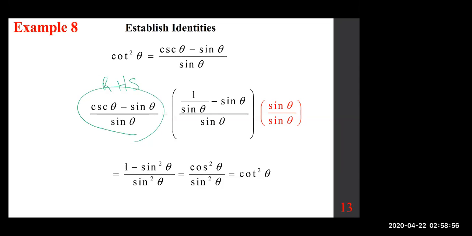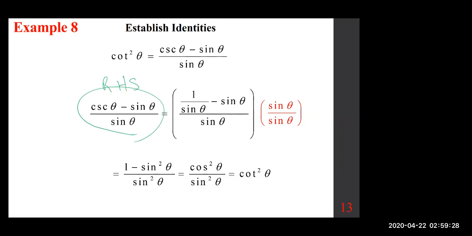Any questions? So it's 1 minus sine squared over sine squared. 1 minus sine squared is the same as cosine squared. And cosine squared over sine squared is the answer.